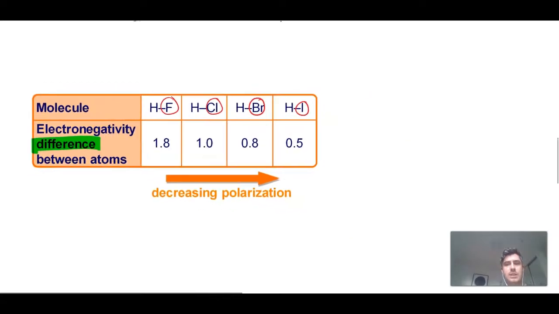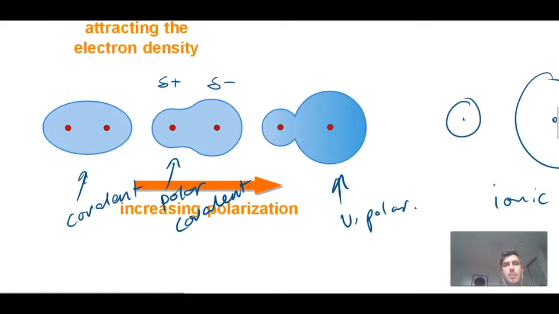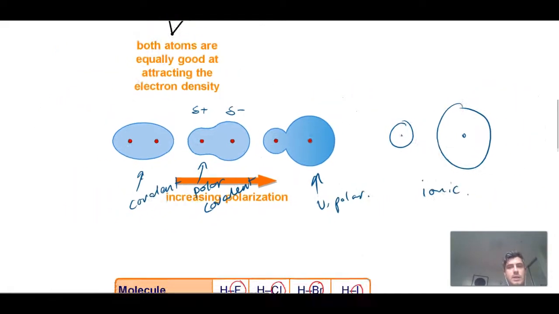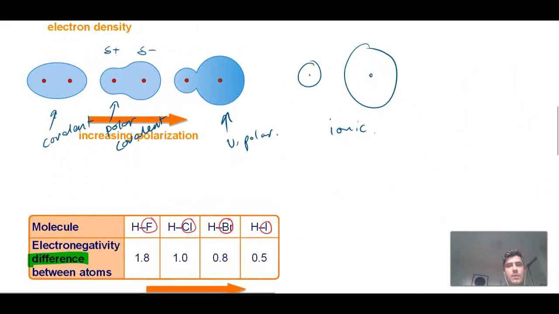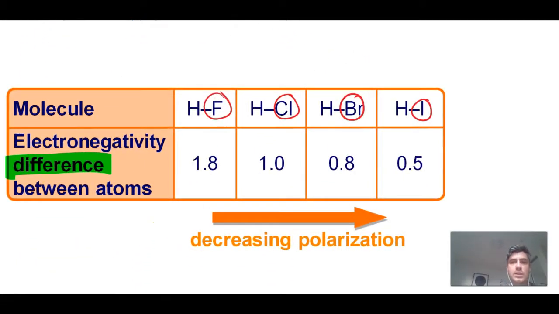And that has implications for the bonding. So similar to the diagram above, it would become more and more ionic. So in actual fact, hydrogen iodide is a covalent bond. Hydrogen bromide is covalent. Hydrogen chloride easily becomes ionic, and hydrogen fluoride even more easily again.